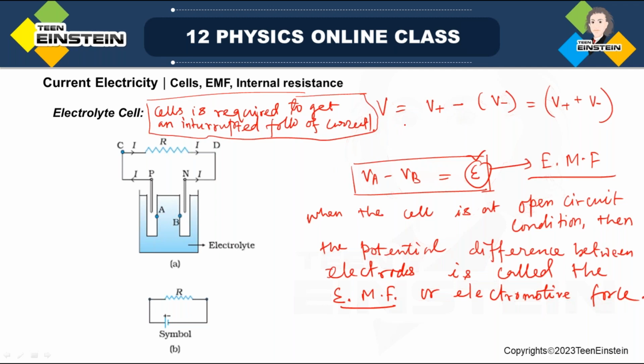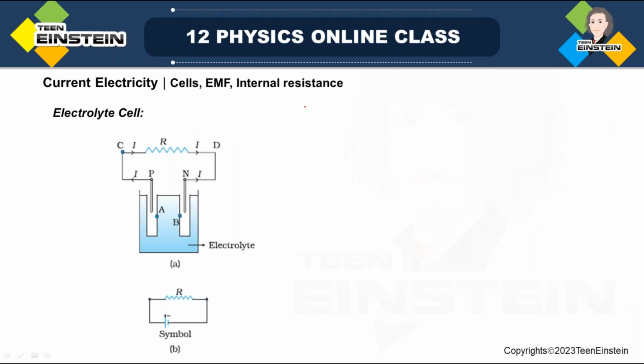All right, so far we have learned that at open circuit condition, VA minus VB gives you this. Now suppose the ends of the electrodes are connected with a resistor having resistance capital R. So what will happen?